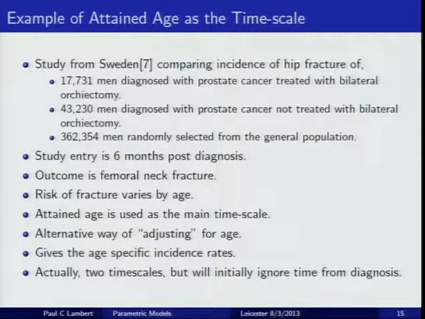This is a fairly common way within epidemiology of adjusting for age, and our hazard function becomes essentially age-specific incidence rates. Here there are actually two timescales, because there's the attained age, which is going to be very important, as hip fracture varies considerably by the age of the patient, but there's also time since diagnosis. I'm initially going to ignore that and come back to it a little later.